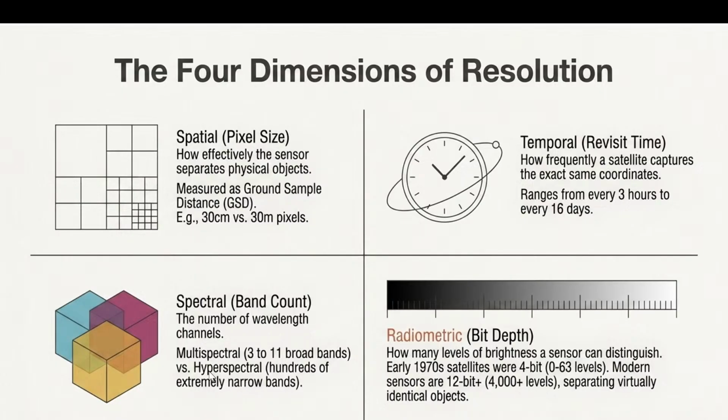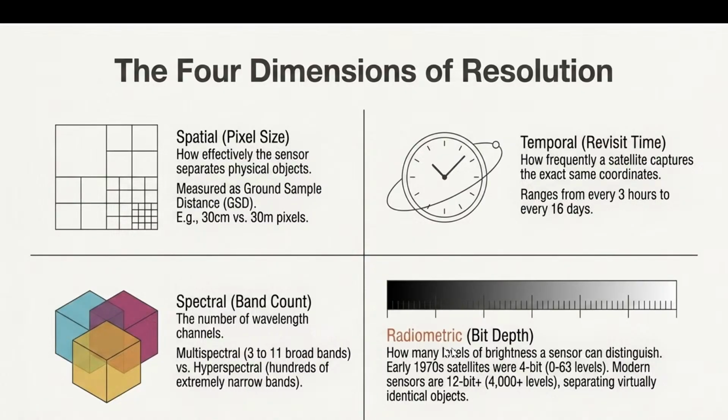But multispectral is 3 to 11 bands, Landsat, Sentinel, so it's called multispectral. Hyperspectral can be NEON satellite imagery or ASTER. ASTER is one kind of hyperspectral imagery. So multispectral is only 3 to 11 bands, and hyperspectral is over hundreds of extremely narrow bands. We have more detailed documentation.